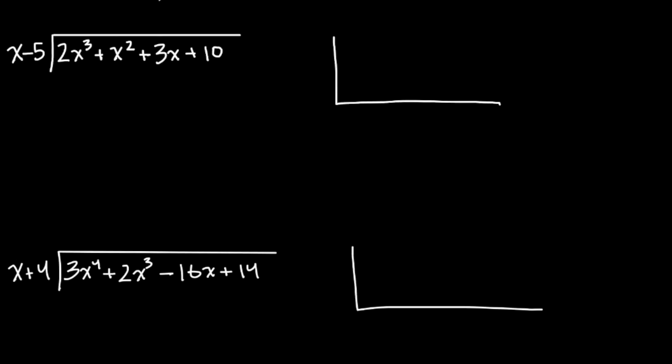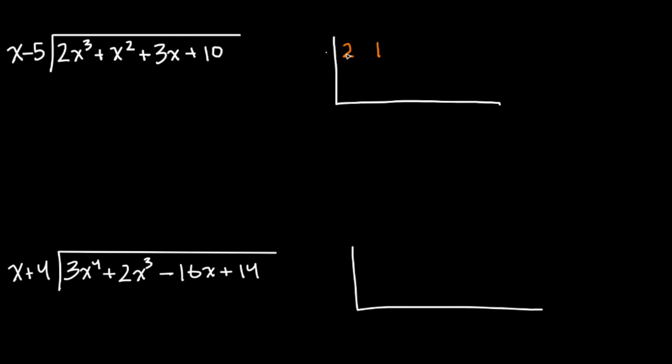Now, you may have noticed something different here, and this time there's a 2x cubed, as I briefly mentioned before. So first, before we do any of that, let's set up the process. First, over here, we write down the coefficients of whatever polynomial we have, and that would be 2. This coefficient would be 1.